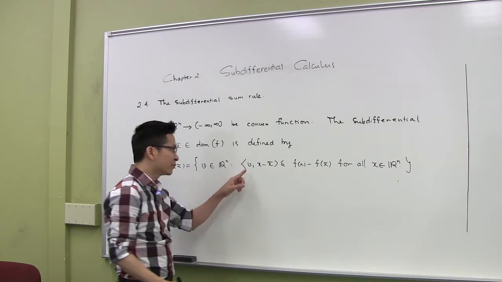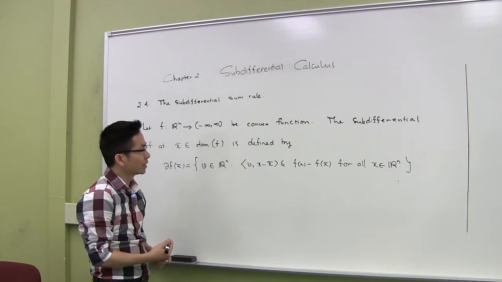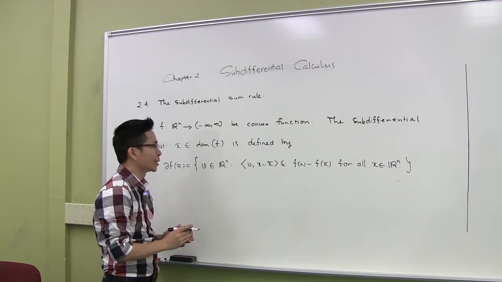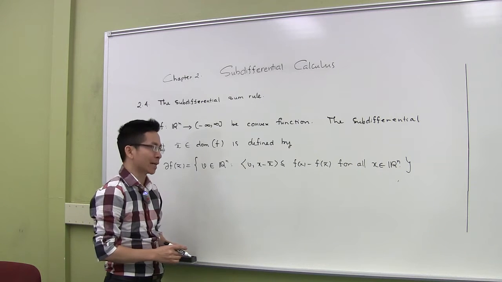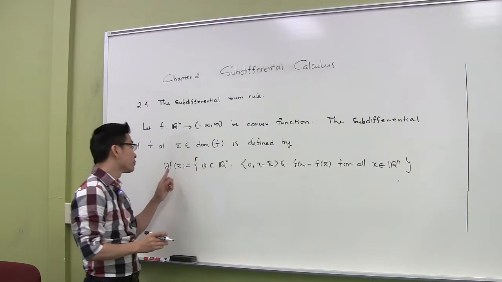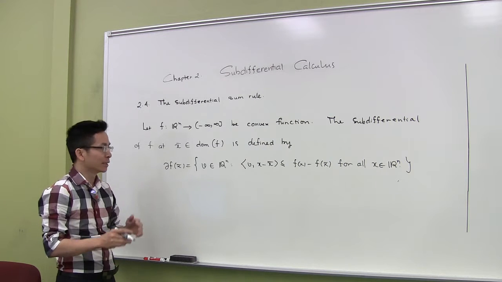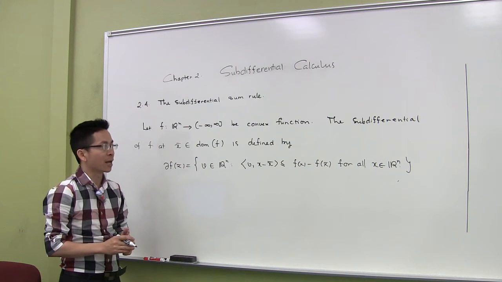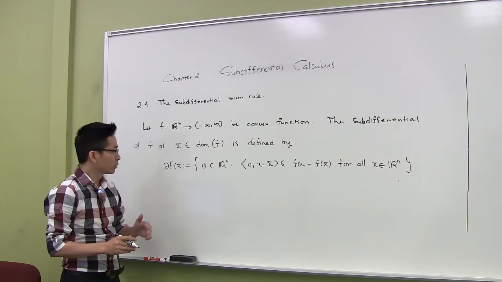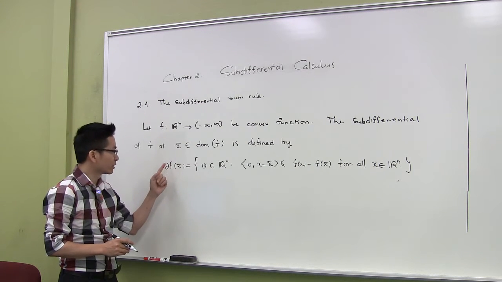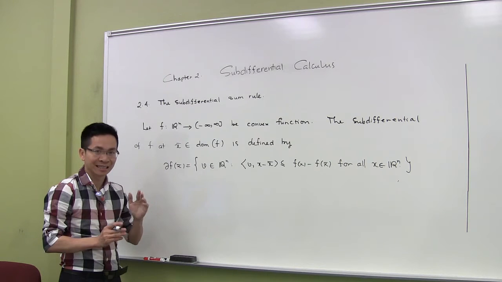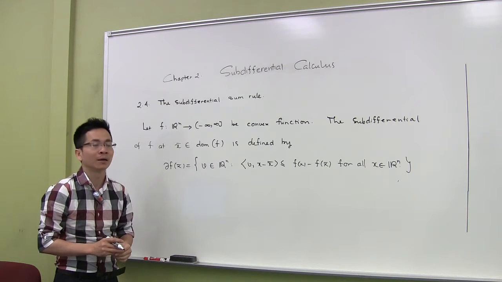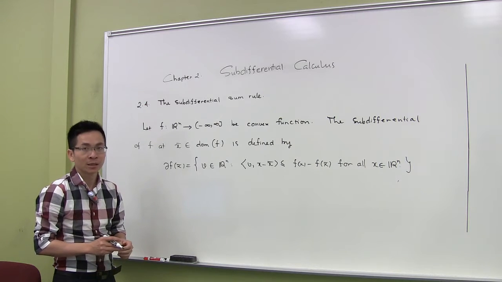And each vector v that satisfies this inequality is called a subgradient of the function f at x bar. Therefore, the subdifferential of the function at x bar is the collection of all subgradients of the function at this point. Note that the subdifferential of the function f at x bar is a set in general, as we saw in the examples from the last lecture.